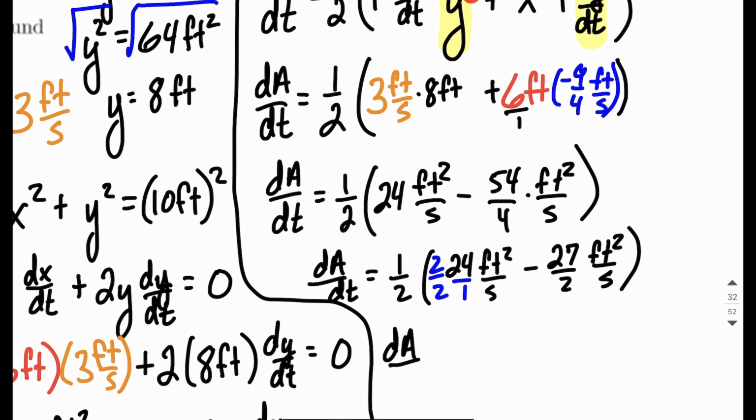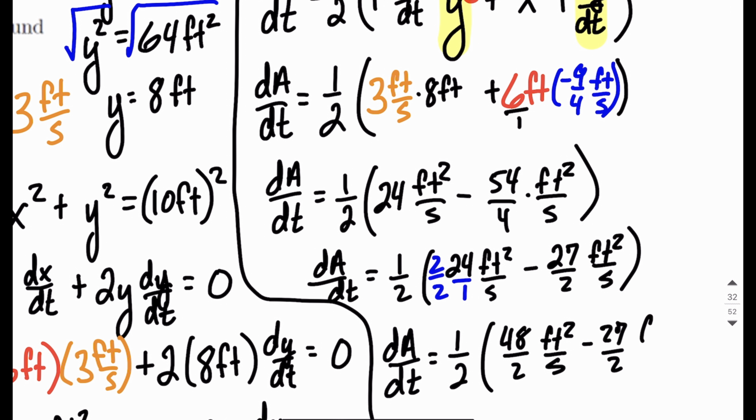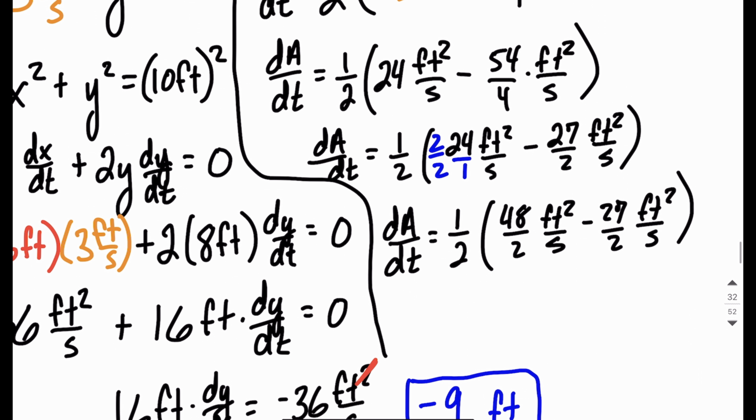So dA/dt, just kind of bringing it along, is 1/2 multiplied by 48 over 2 feet squared per second minus 27 over 2 feet squared per second. So dA/dt is 1/2 of, let me think, 48 minus 27, combining those numerators, is 21.